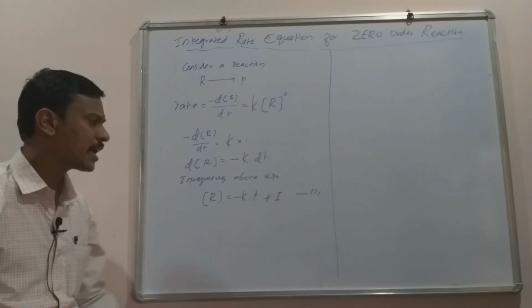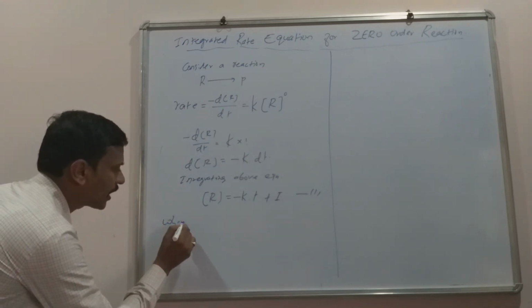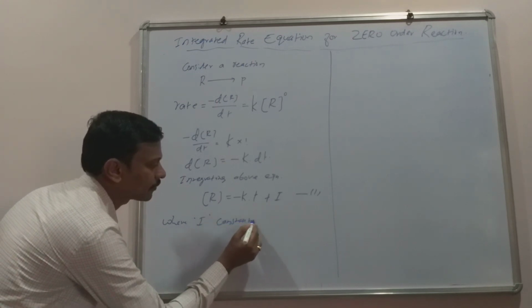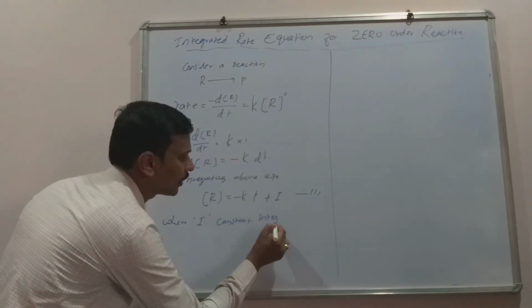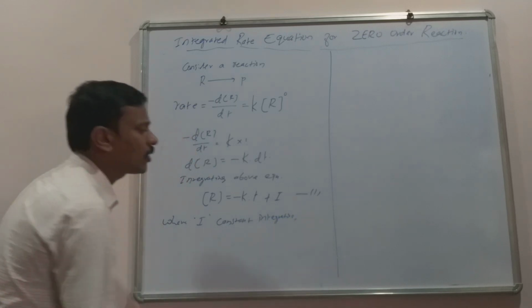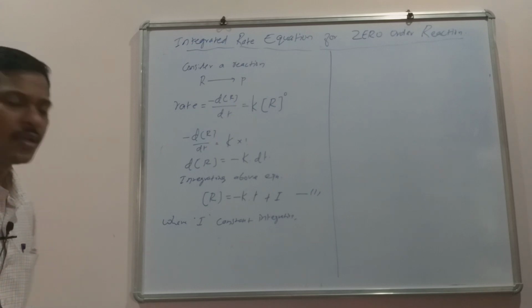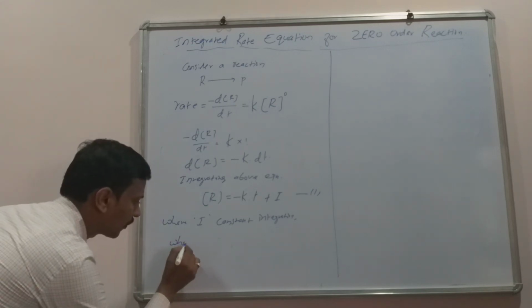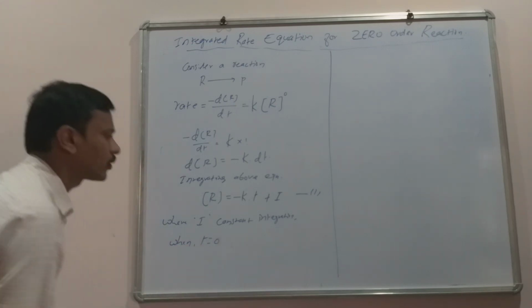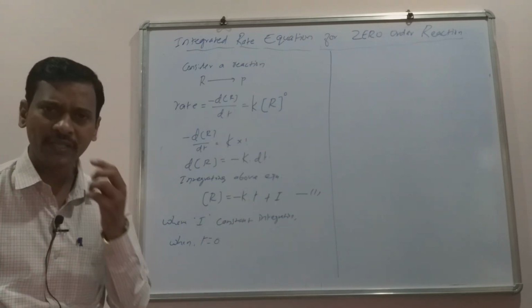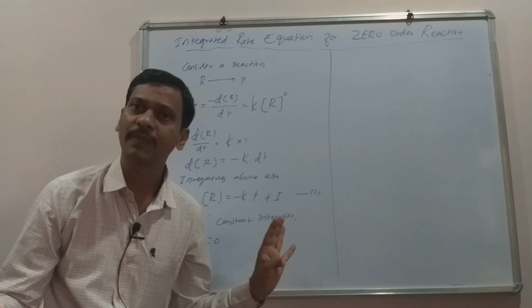And where I is the constant of integration. Then what is the value of I? To find the value of I, please remember, when t is equal to 0, where t is time, when time is equal to 0 there is no reaction taking place.